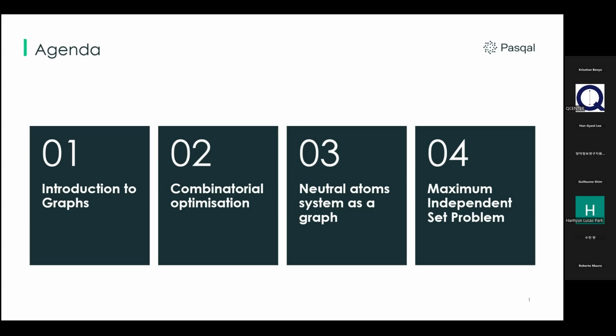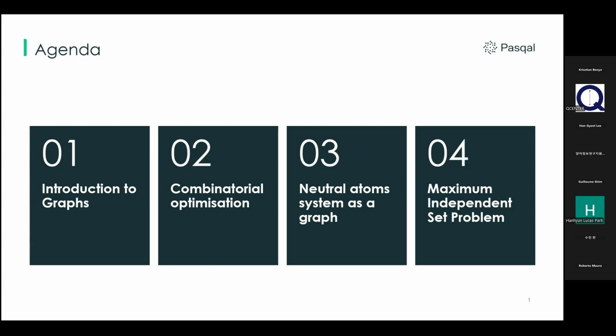Then we will discuss how these implementations can be carried out by neutral atom systems. So we will refer to a little bit of what we have done in the previous session on Wednesday with Pulser Studio. I'm going to show you once again the tool, and we will look at one of the main examples we discussed, but purely from an optimization perspective instead of a quantum simulation perspective.